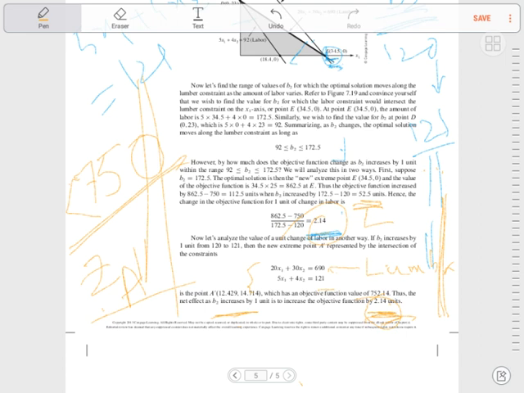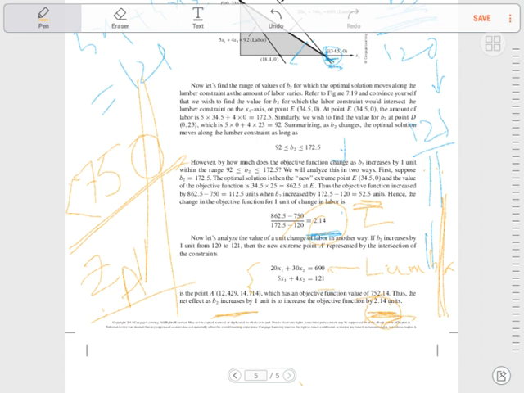Okay, in the previous video what we did, the constants were not changing. The constants were not changing means what? The cost per unit labor, or the labor amount required per bookshelf or per table, was not changing. The lumber amount required per bookshelf or per table is not changing, and the whole resource available is not changing.